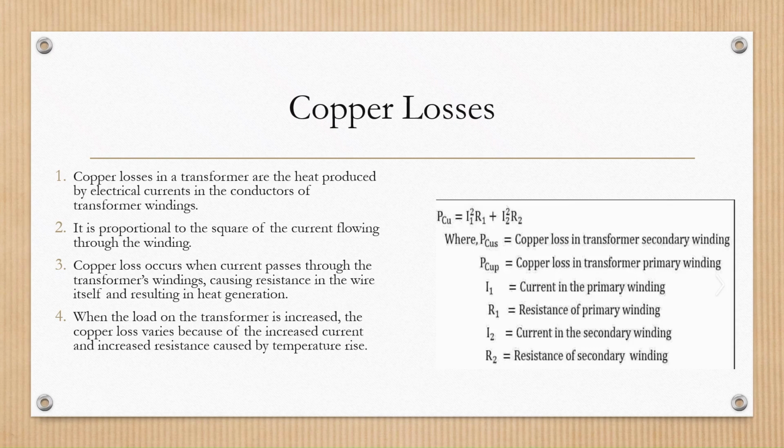Copper loss occurs when current passes through the transformer's windings, causing resistance in the wire itself and resulting in heat generation. When the load on the transformer is increased, the copper loss varies because of the increased current and increased resistance caused by temperature rise.